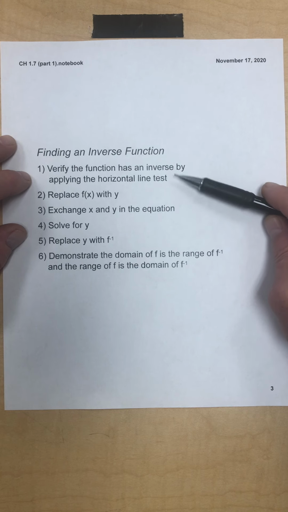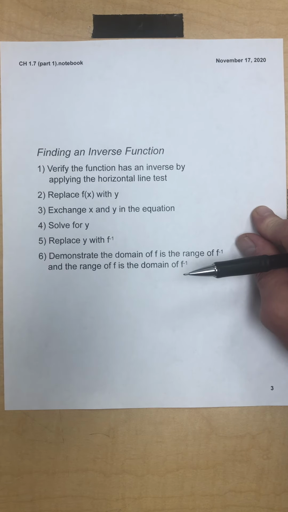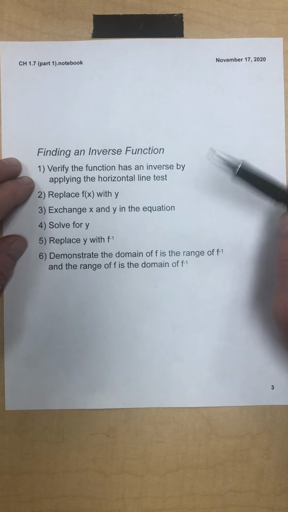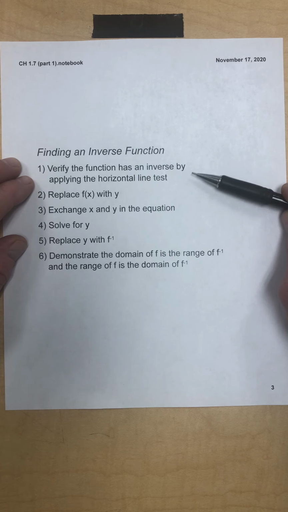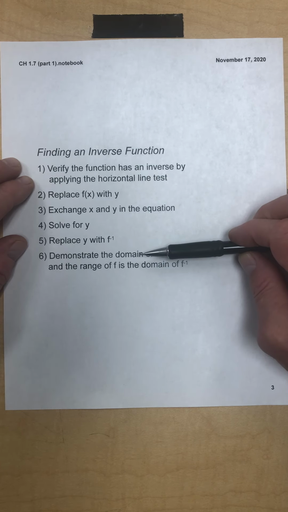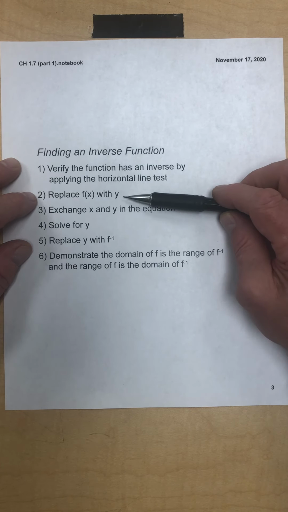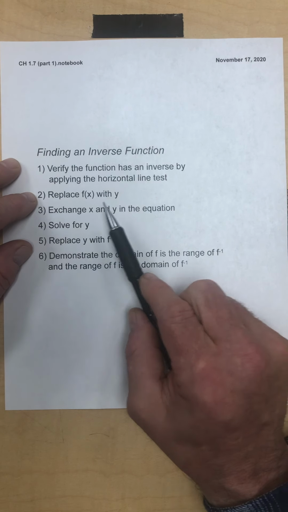The first thing we want to do is verify that the inverse exists by using the horizontal line test. So we would definitely check there. Then you want to get it out of function notation.